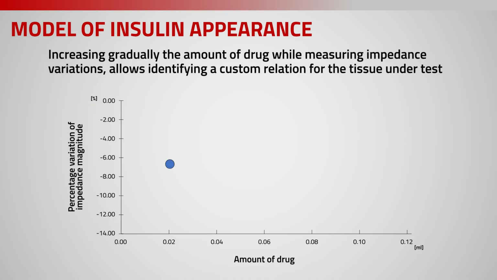Increasing gradually the amount of drug while measuring impedance variations allows building a peculiar relation for a specific tissue. The relation is highlighted by the linear regression line, that is an insulin appearance model. The insulin impedance model can be employed during absorption measurement for assessing insulin disappearance and thus bioavailability. This allows to improve significantly inter- and intra-individual reproducibility.